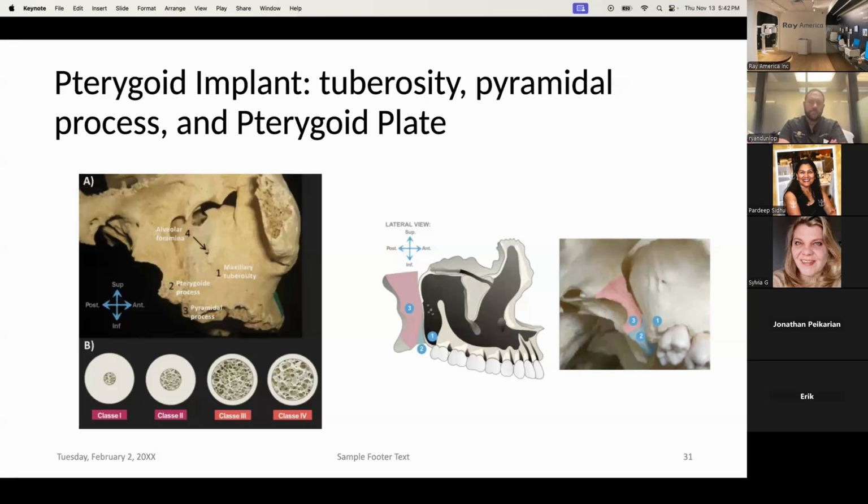This bone, up far from the tuberosity, usually 16 or 18 or 20 millimeters away, is very dense cortical bone, and it's very good for anchoring sharply tapered implants. So you can get a really high insertion torque here, even though the maxillary tuberosity bone is often some of the worst bone for osseointegration. We're not relying on the tuberosity bone for the integration. We're relying on the pterygoid plate bone for our integration.